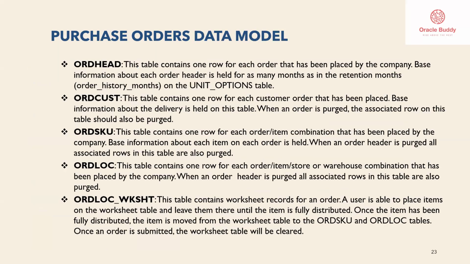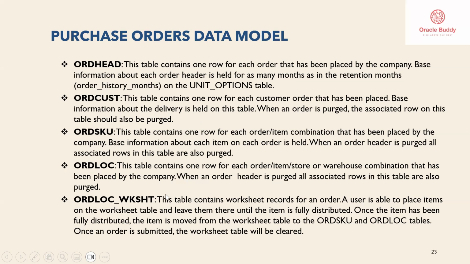Purchase order data model. These are a few tables and the descriptions majorly used for the PO. Ord head will contain one row for each order. Ord cust and ord SKU will have a combination of all the items which are in the order. Ord loc will hold the item store or warehouse combination that is created for the order.